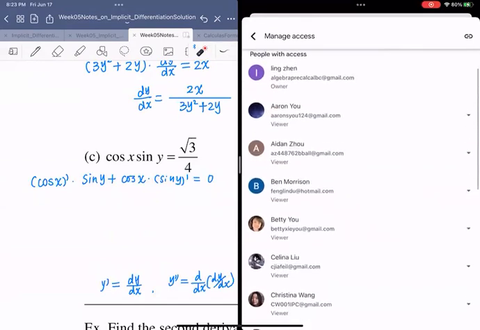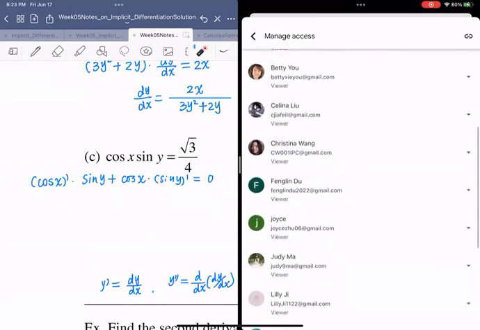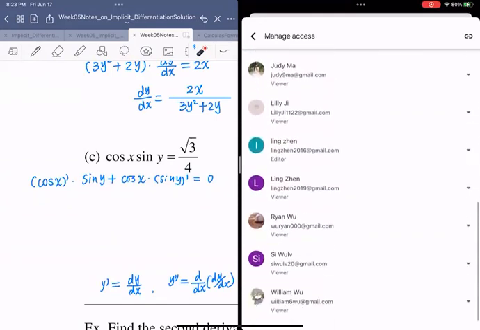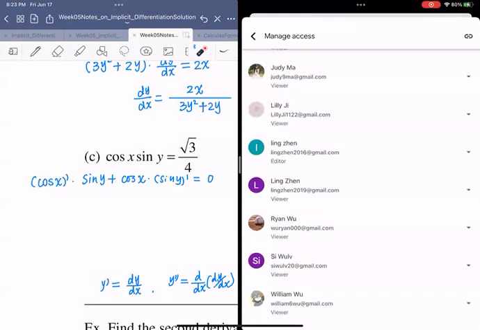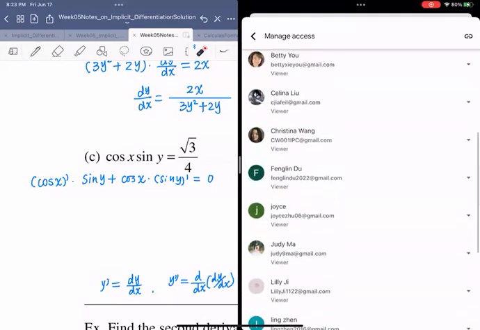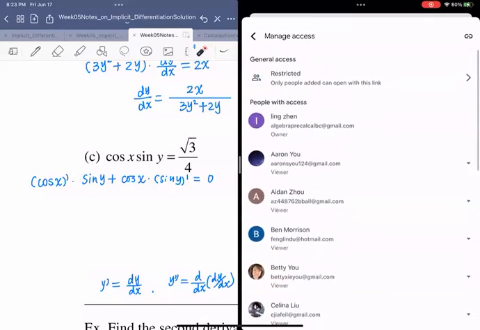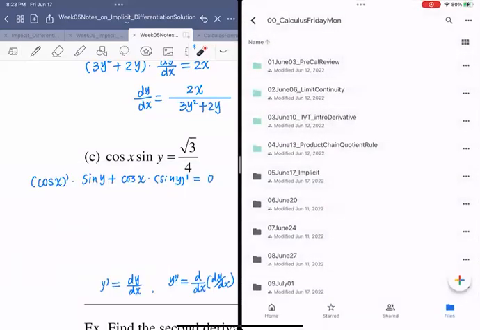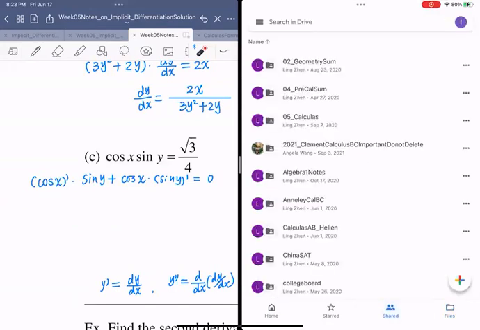I sent you all the link, and some of the moms also have the link. That means you have the folder. You receive a one-time email saying here is the link, and then you open that. By the way, if you have Google Drive downloaded on your computer, you just click Shared, and you will be able to look at the folder that I shared with you.